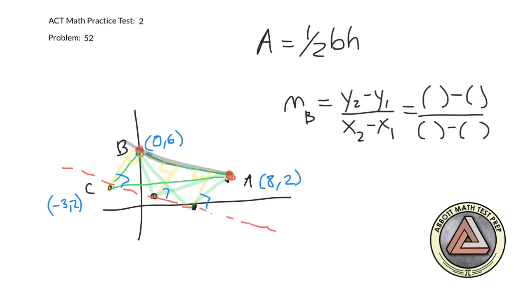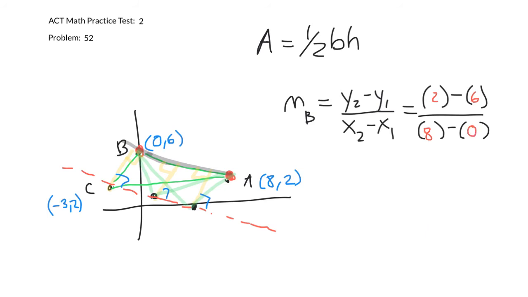We're going to call this x1 y1, and we're going to call this x2 y2. So y2 is 2, y1 is 6, x2 is 8, and x1 is 0. And that turns out to be most definitely negative 4 over 8, which reduces to negative 1/2.